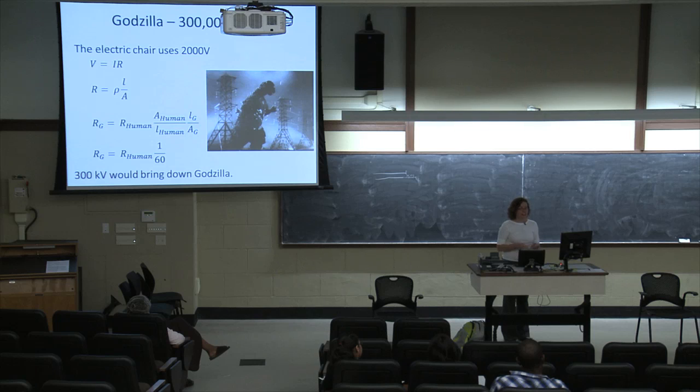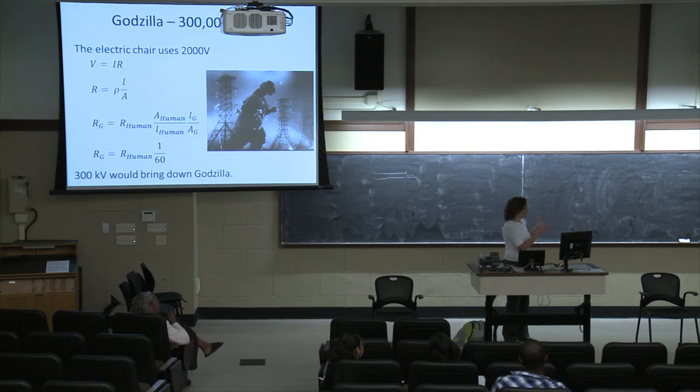So if we assume that Godzilla is made out of the same biological stuff as a human, so it has the same resistivity, we find out that the resistance of Godzilla is 1/60th of that of a human because he's so wide. That might even actually be kind of high.